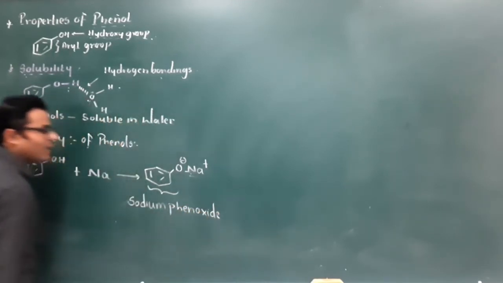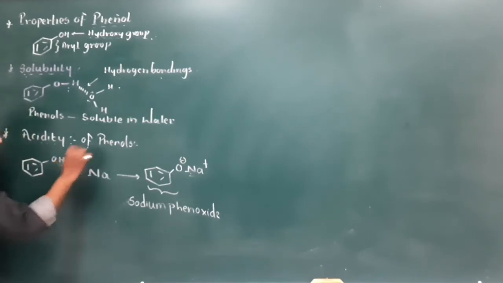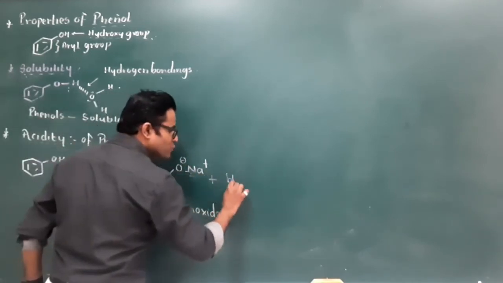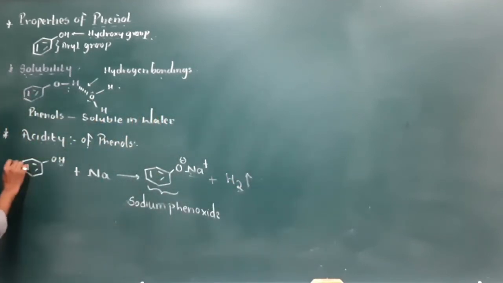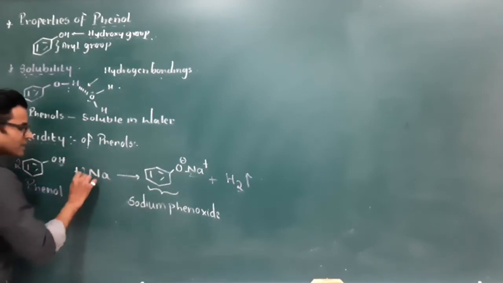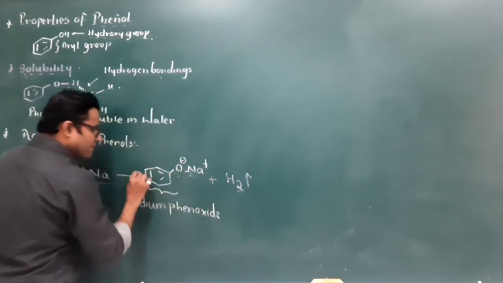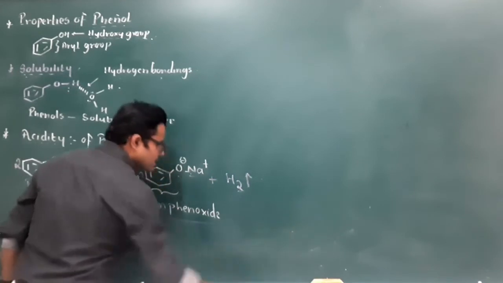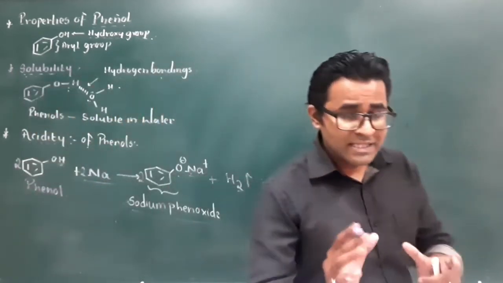Now when we try to balance this entire reaction, this hydrogen usually evolves out as hydrogen gas. So as we have two hydrogens there, we take two phenol molecules. Now two phenol molecules react with two sodium, giving rise to two sodium phenoxides plus hydrogen.